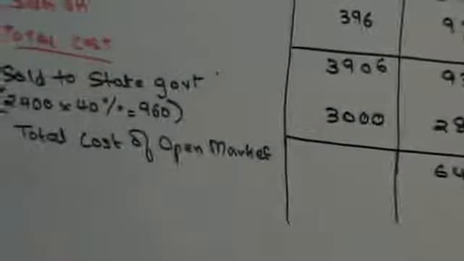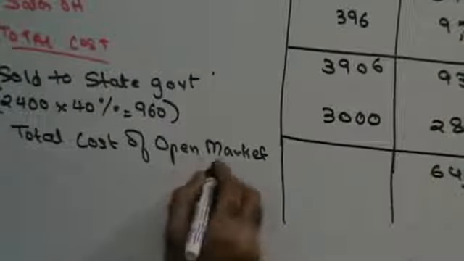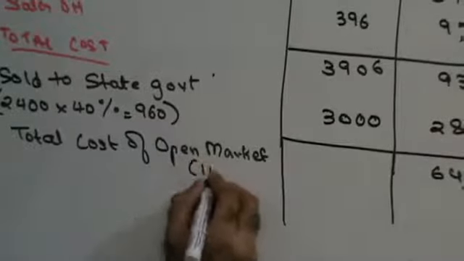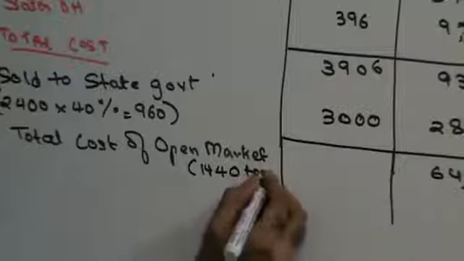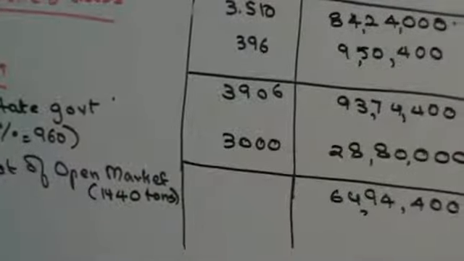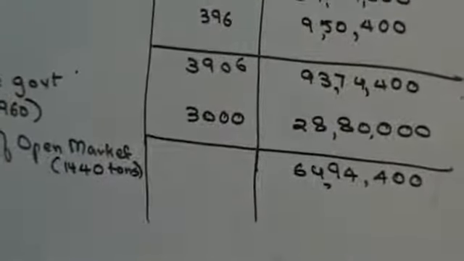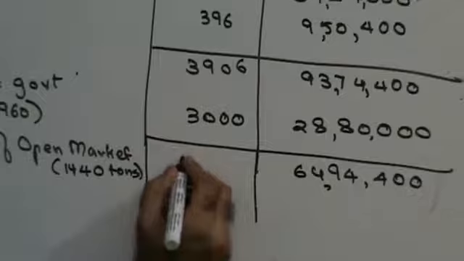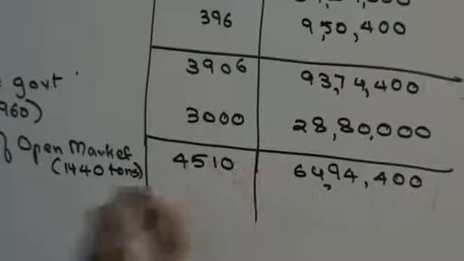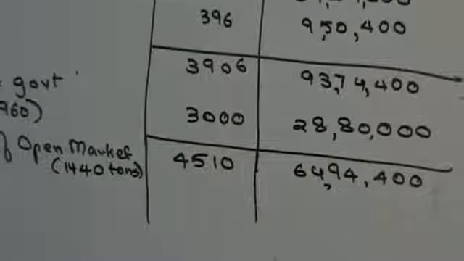Someone please subtract 2,400 minus 960. 1,440 tons. Someone please divide 64,94,400 by 1,440 tons. 4,510.